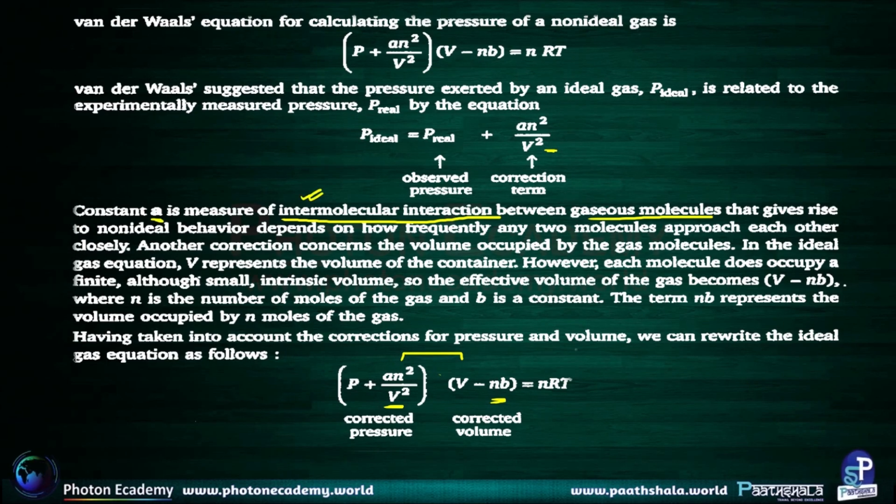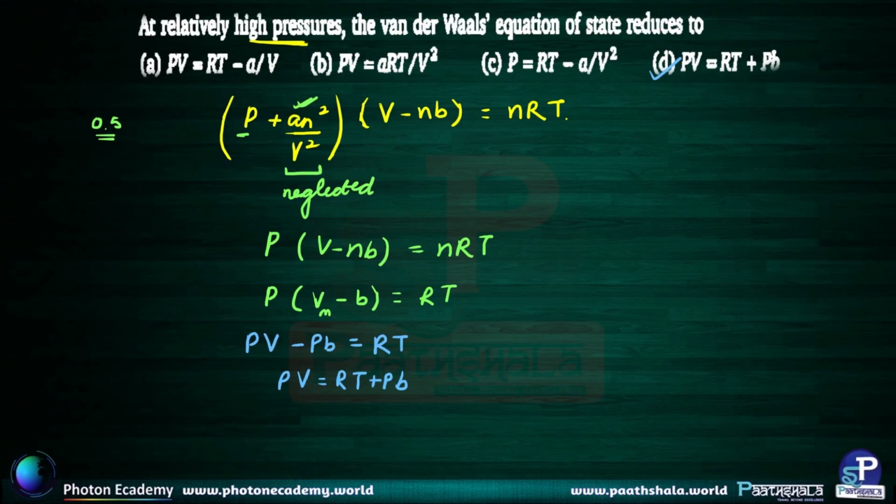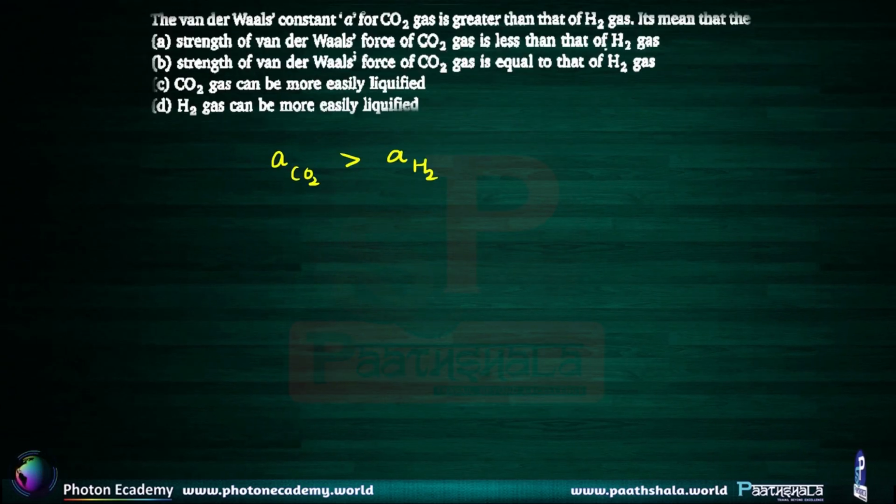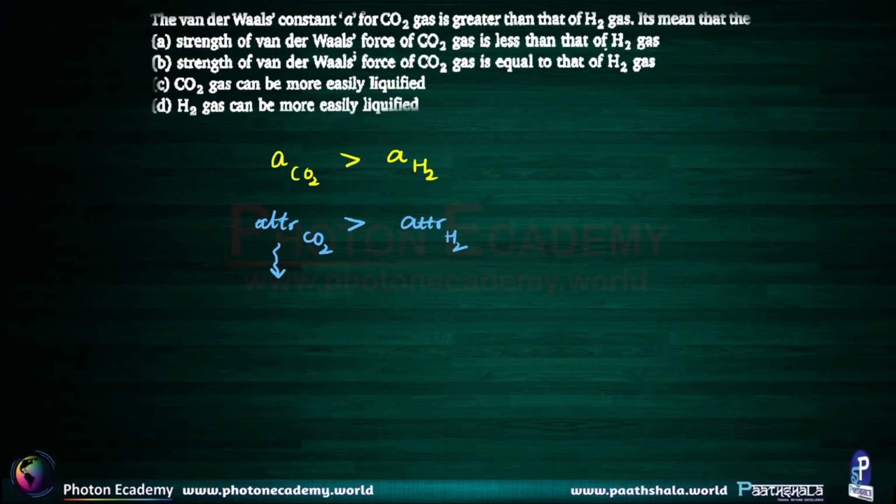So the higher the a, the higher the intermolecular attraction, which means the attraction between molecules of CO2 is greater than between molecules of hydrogen. And higher attraction would mean easy liquefaction, which means that carbon dioxide can be more easily liquefied. So the answer will be option C.